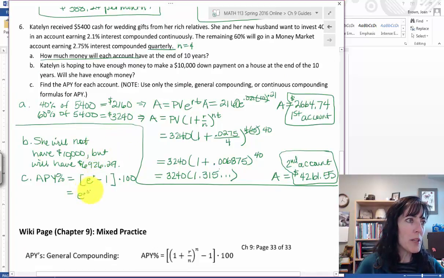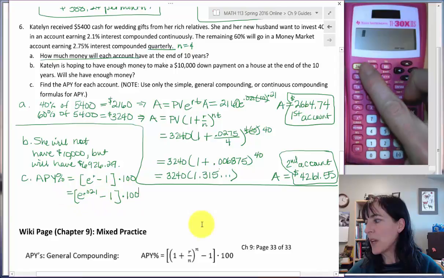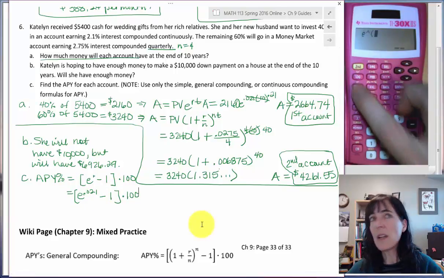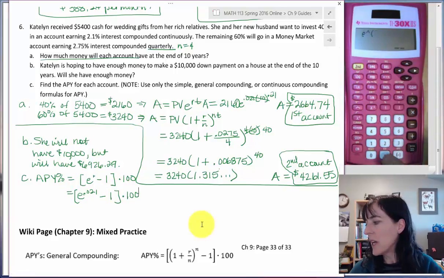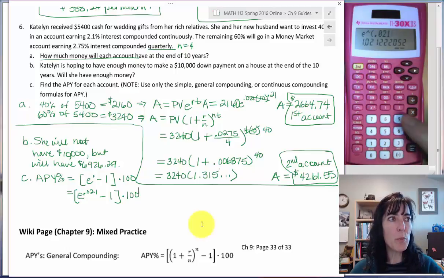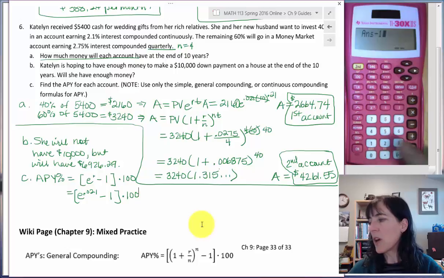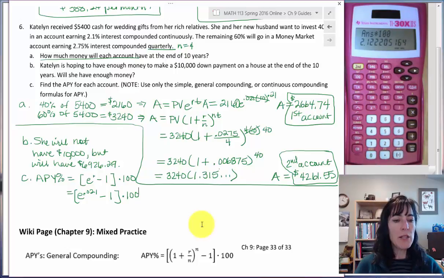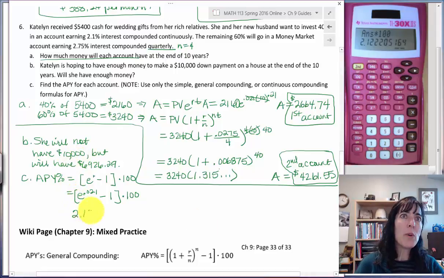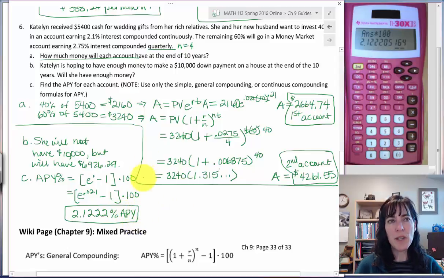So it's 0.021, and subtract 1 and then multiply by 100. So I need e, so I do second ln, that gives me e to the, and then 0.021 for the exponent equals, and it's 1.02, and then I'll subtract off that 1 and multiply by 100. And there I get 2.1222% APY. That's for the first account that was described.